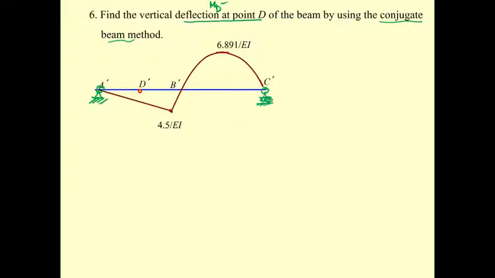The internal roller changes to an internal hinge, and the direction of the elastic weight comes out of the beam. If positive, the elastic weight is upward; if negative, the elastic weight is downward.